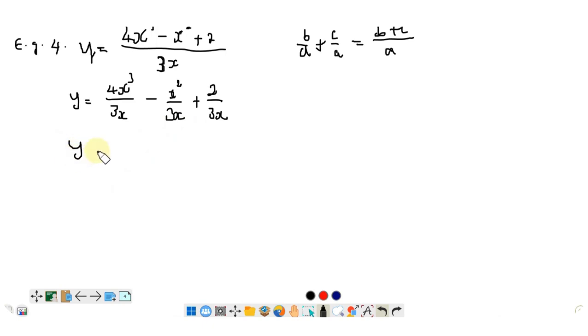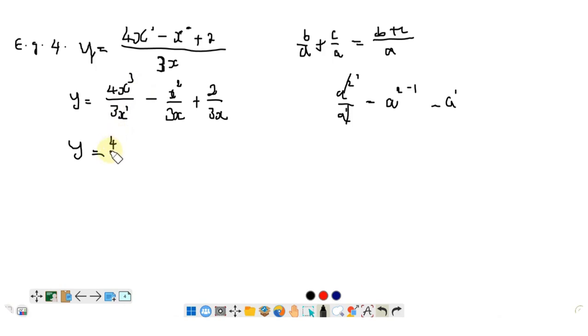So y is equal to, by the laws of exponents, a to the power 2 over a to the power 1 is the same as a to the power 2 minus 1, which is a to the power 1. Here, 4 over 3 times x to the power 3 minus 1, which is 2.